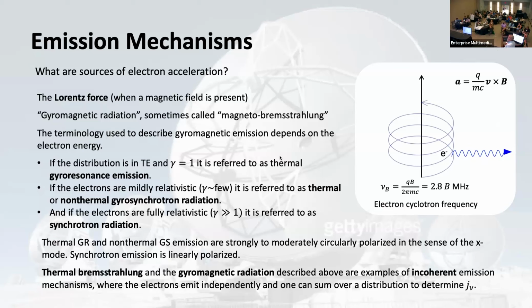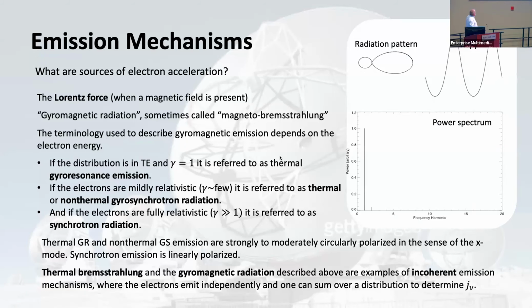So unfortunately, there's different terminology used to describe this gyromagnetic radiation, sometimes called magnetobremsstrahlung, which is a mouthful. If we're talking about gammas close to unity and a thermal distribution of particles, we refer to thermal gyroresonance emission. Here, the temperatures are sort of coronal.